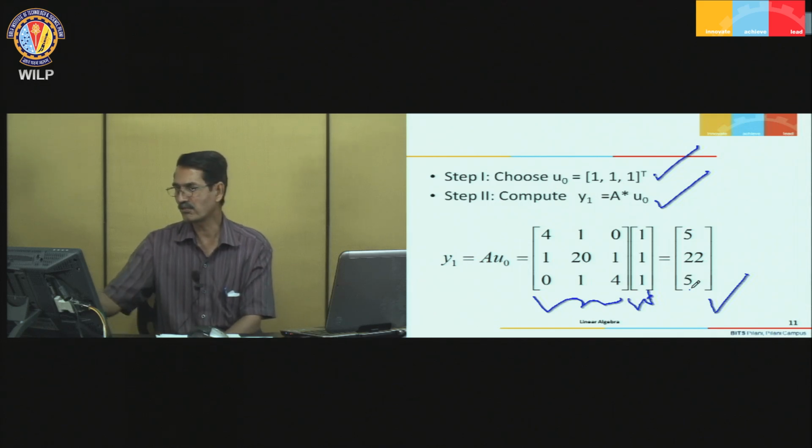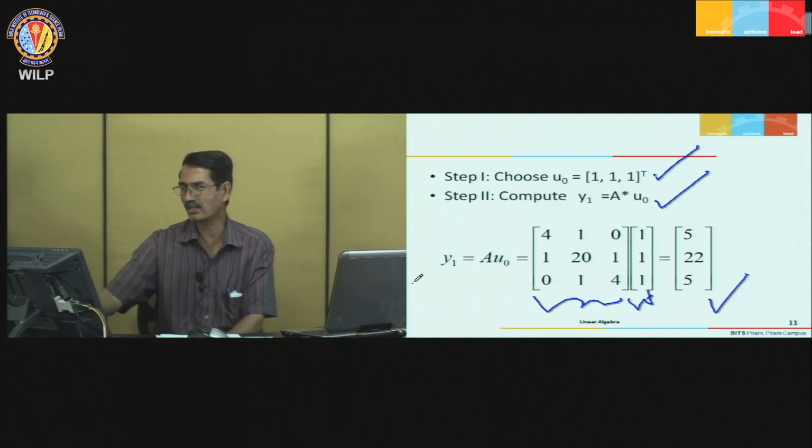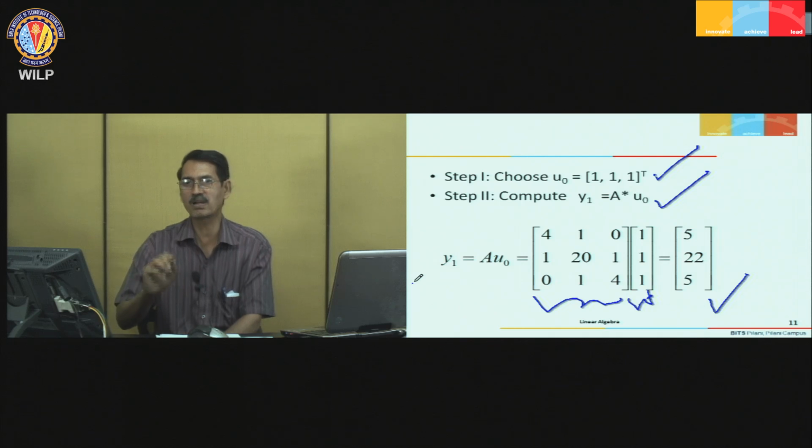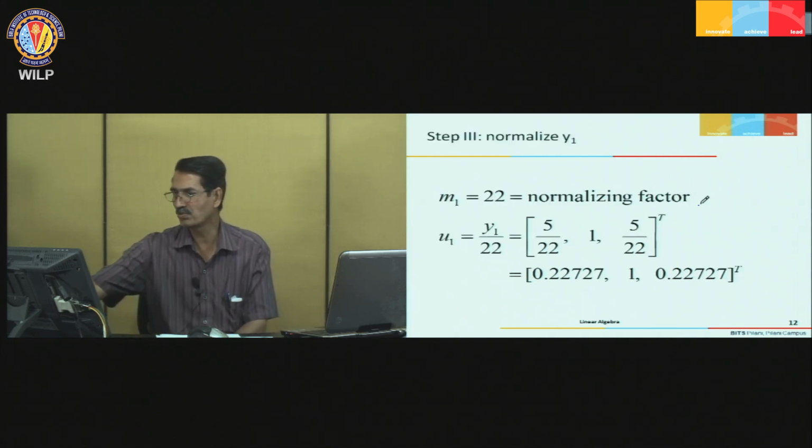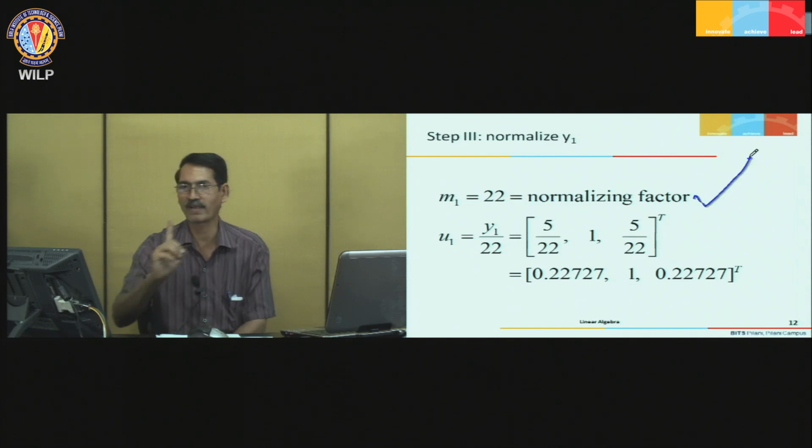Look here, this M1 is equal to 22, the normalizing factor, and therefore divide Y1 by 22.